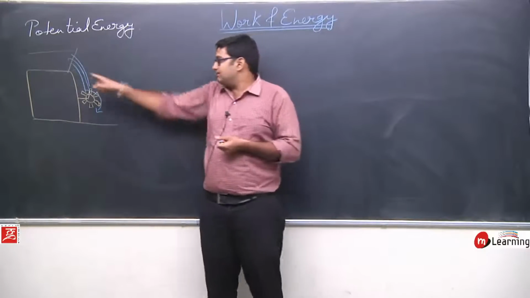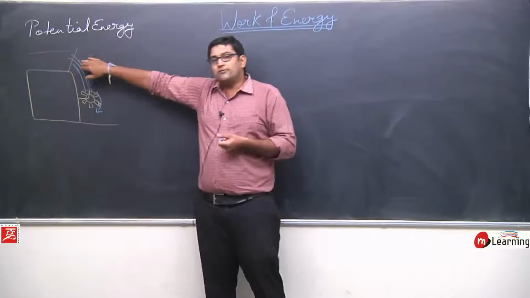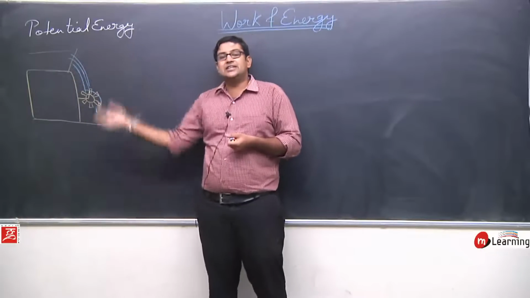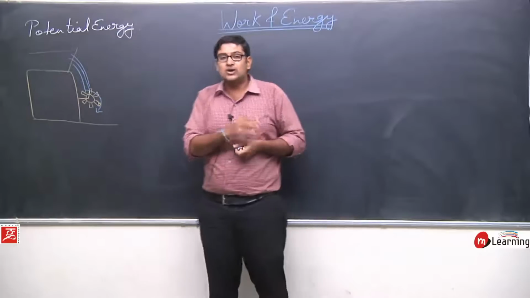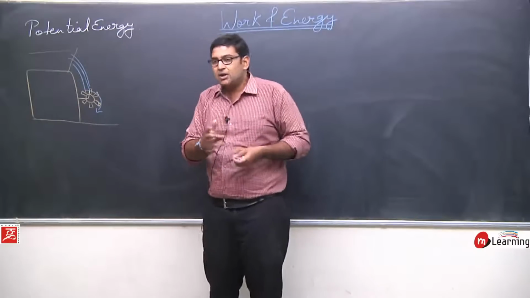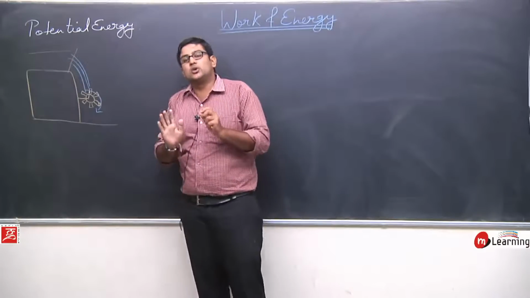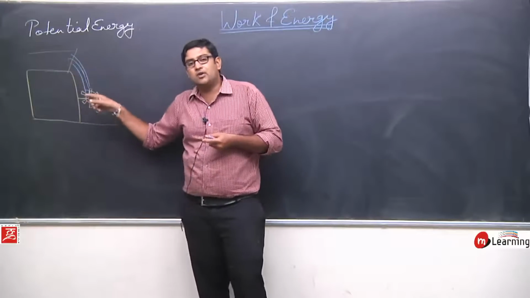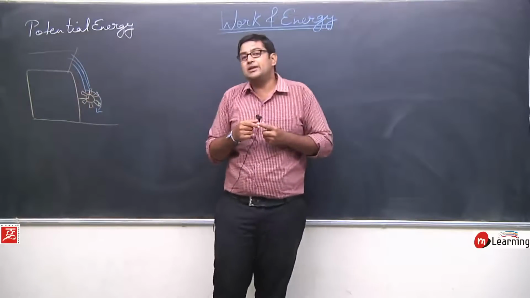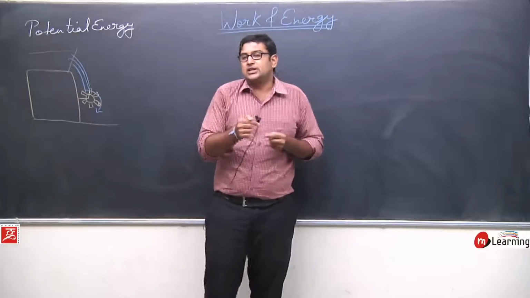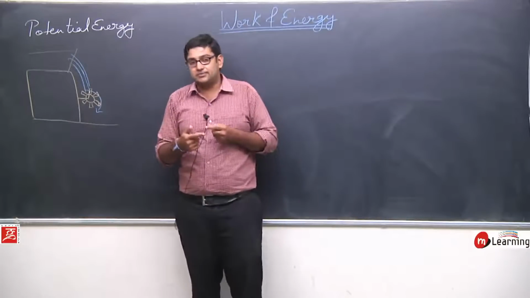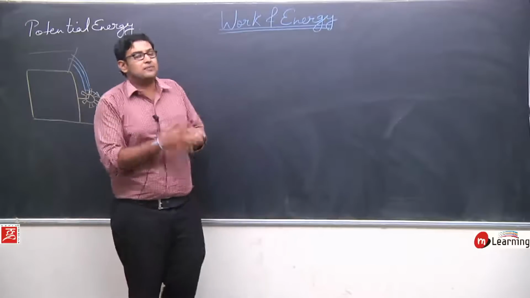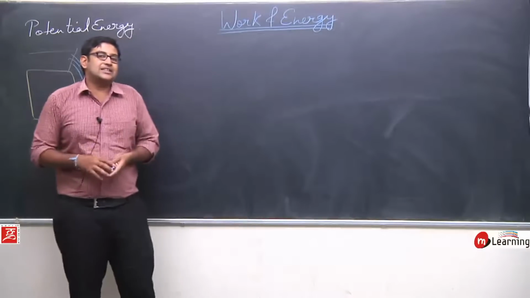When this water falls down from this height, this potential energy will get converted into kinetic energy. Why? Because here the water is just stored, but if this water starts falling, it will be in motion, and due to this motion it will possess kinetic energy. So this is the basic process used in the hydroelectric power plant, where electricity is generated using water.